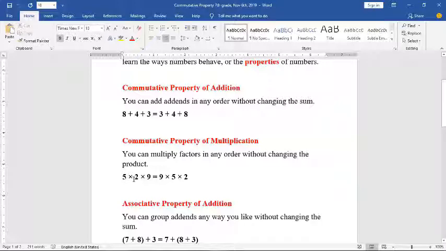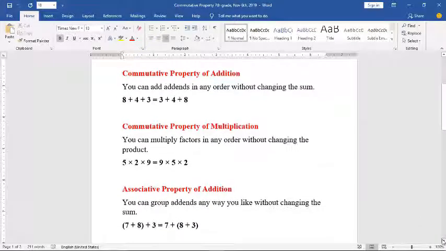Let's see, 5 times 2 is 10. 10 times 9 is 90. Let's see the other side. 9 times 5 is 45. 45 times 2 is 90. So both ways I got the same answer. You can multiply factors in any order without changing the product. 90 here and 90 here. And we call this the commutative property of multiplication.